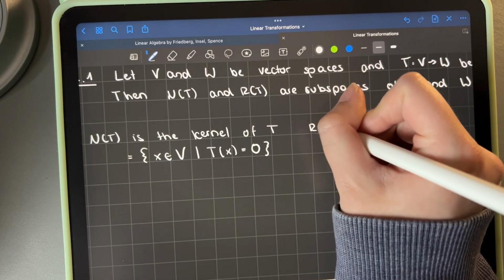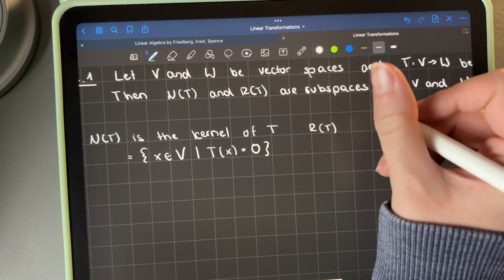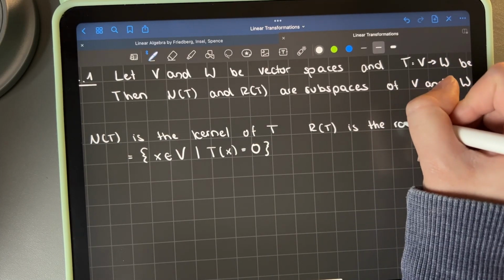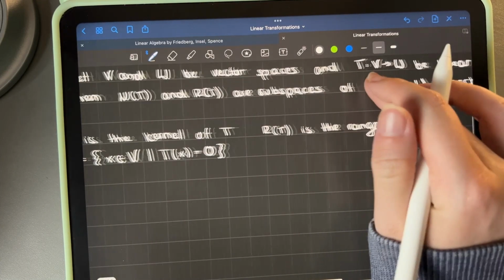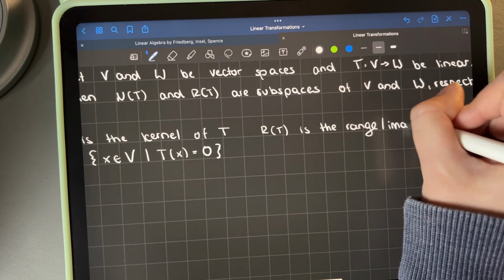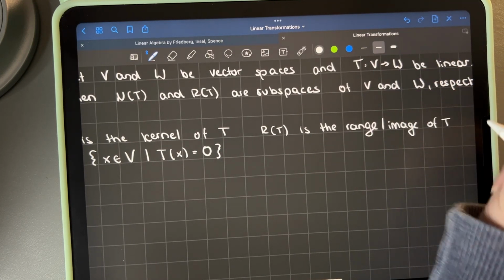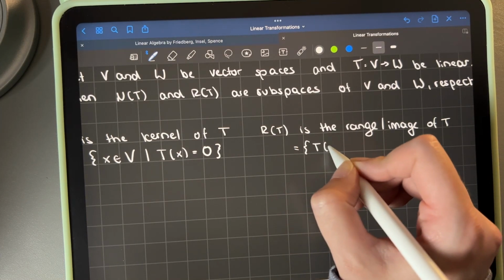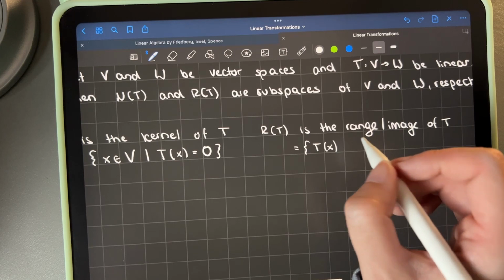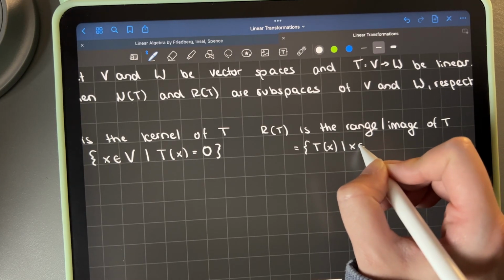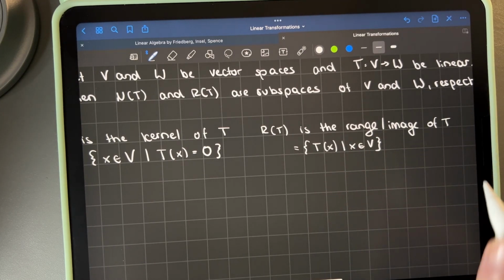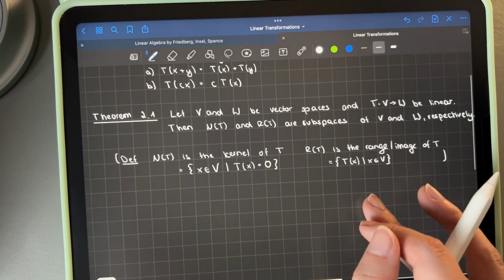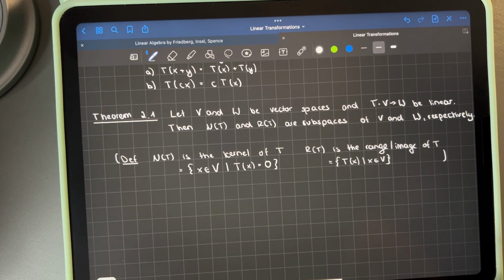Similarly, R of T is the range or image of T, and these are all the values that can be reached if you go through all of the entries of V. Now, what do we want to prove here?